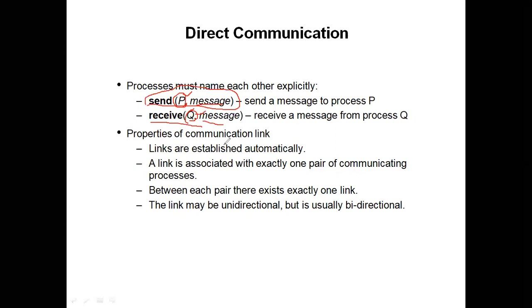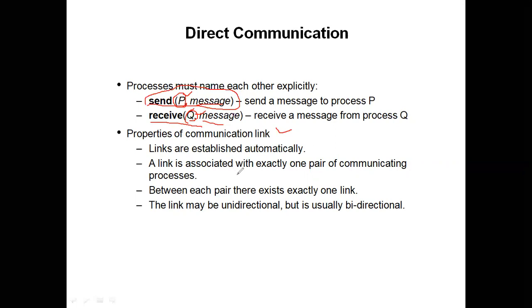And then, what are the various properties of a communication link in case of direct communication? The links are established automatically. We don't need to establish the link. Once a message is sent by the sender and received by the receiver, the link is automatically established.